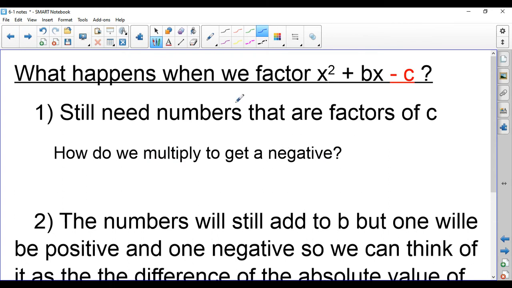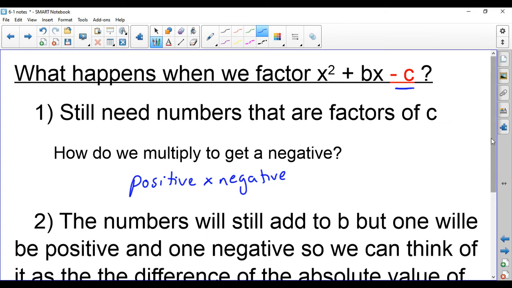So what happens when we factor x squared plus bx minus c, when that constant is negative? The rules are still the same. We still need numbers that are factors of c, numbers that multiply to c. But we need to remember how we multiply to get a negative. The only way to multiply and get a negative is to multiply a positive times a negative.